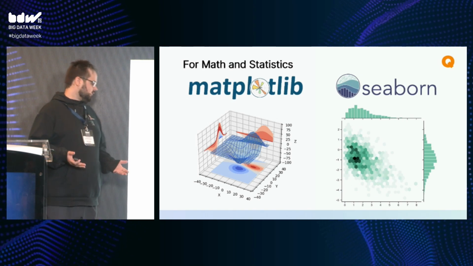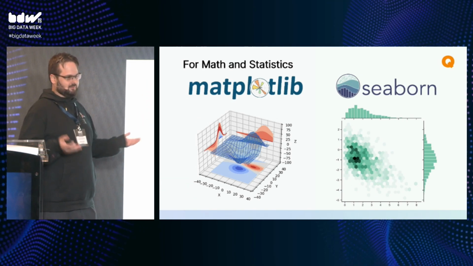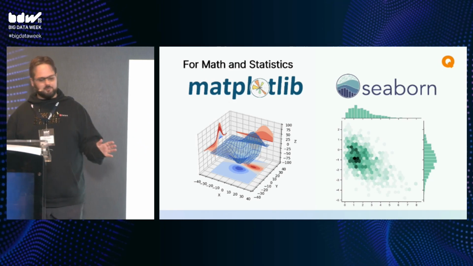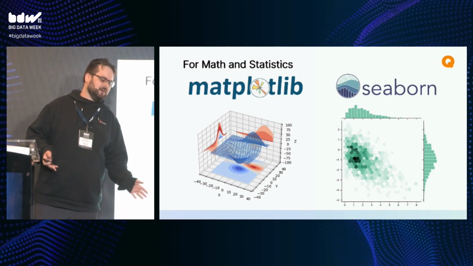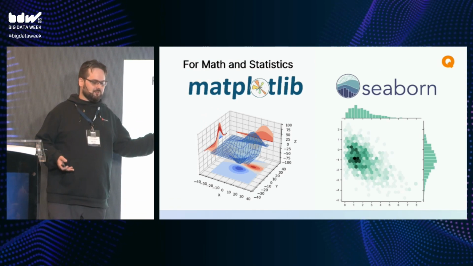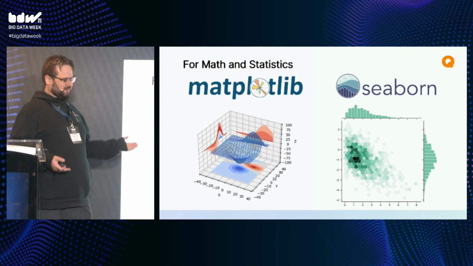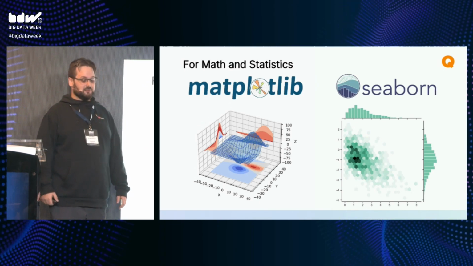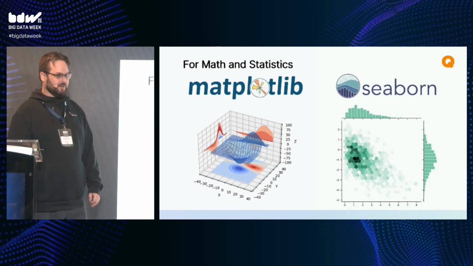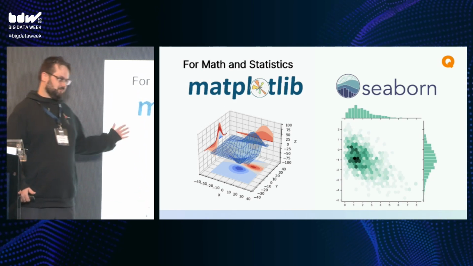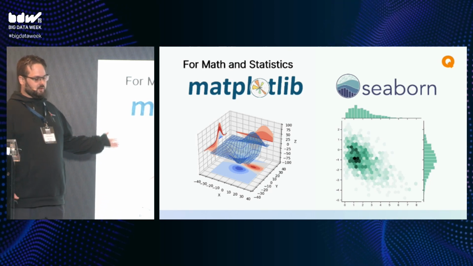Now let's look at our visualization libraries. What have we got? If you do math and science stuff, you can use matplotlib. It has every possible plot you could want under the sun. Literally thousands of examples on the website. And in my experience, it's a bit finicky to get to look right. It's even harder to make it look nice. But if it's raw scientific data you have, this is probably what you want to use.